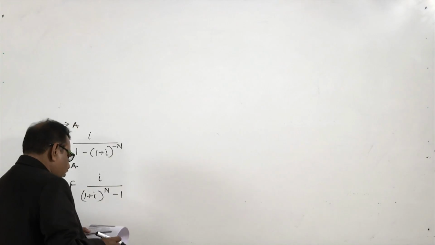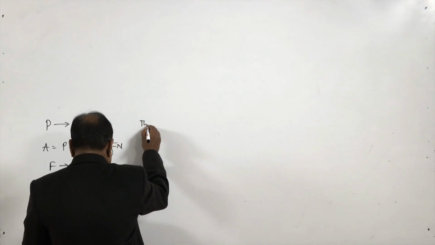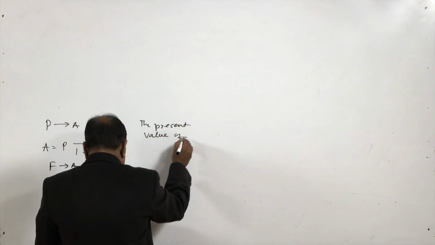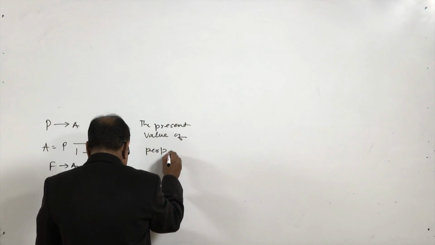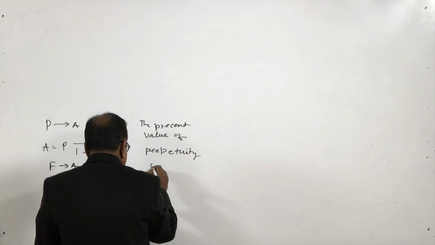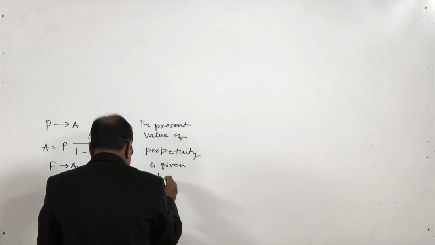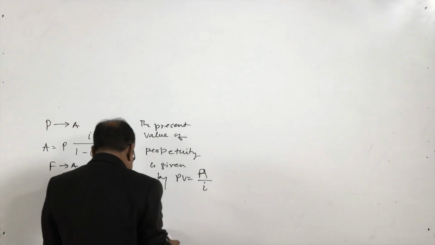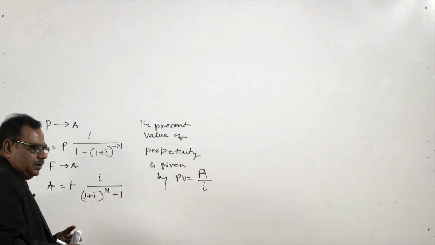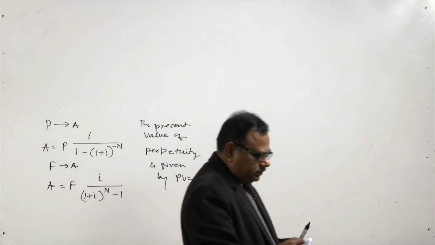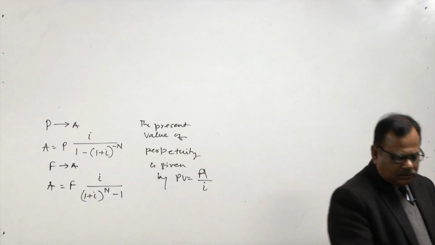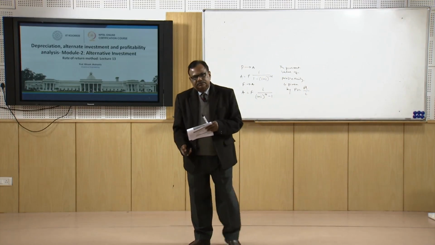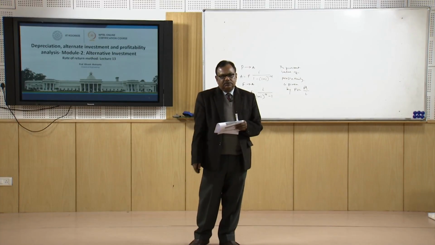And the present value of perpetuity is given by PV is equal to A divided by i. Now, let us see through examples how the rate of return affects the decision.